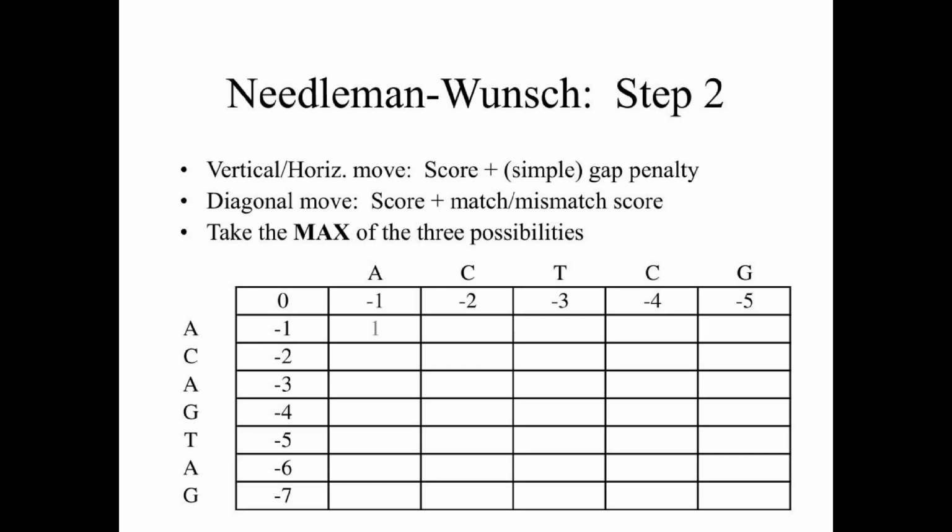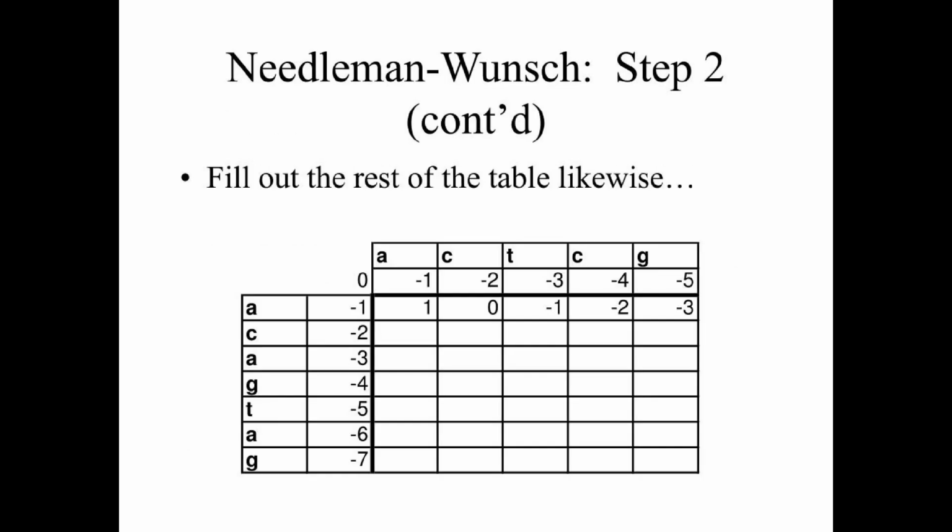So horizontal and vertical moves provide the gap penalty, whereas diagonal moves provide the match and mismatch score. So we take the maximum of the 3 possibilities. Here we can see that the first one, A doesn't match with C, so we provide 0. Then further we provide the gap penalty of -1, -2, -3, like that.